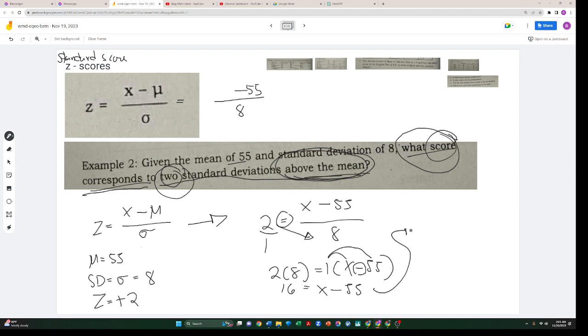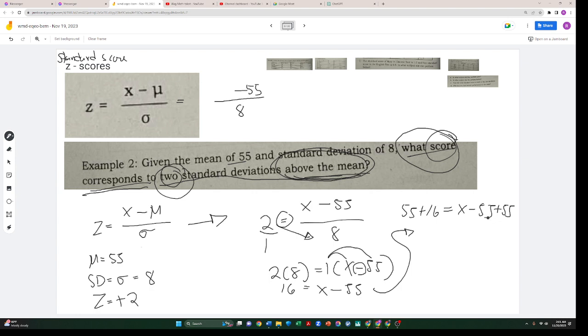And then let's continue. 16 is equal to x minus 55. To find x, use the addition property of equality, because we add to cancel the negative 55 and make it zero. Add 55 to both sides.